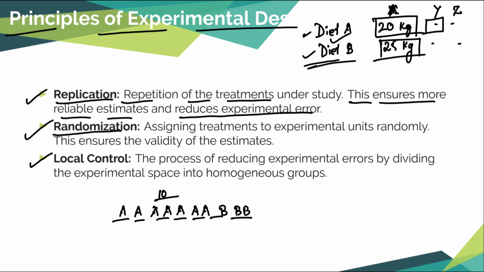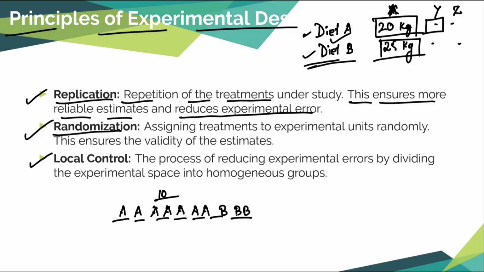Selecting an experimental unit for a particular treatment as per the wish of the researcher is not advisable, and without randomization no statistical tests are valid. One key assumption or requirement of every statistical test is that your data set is random, right?